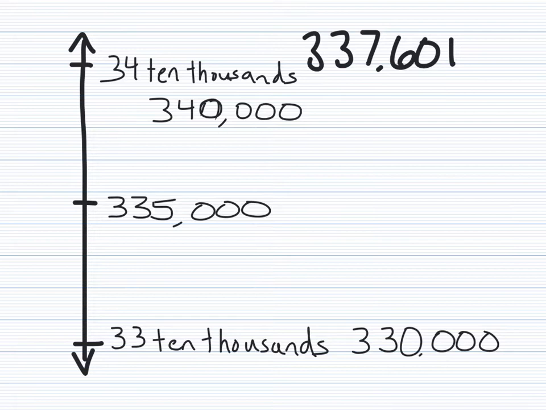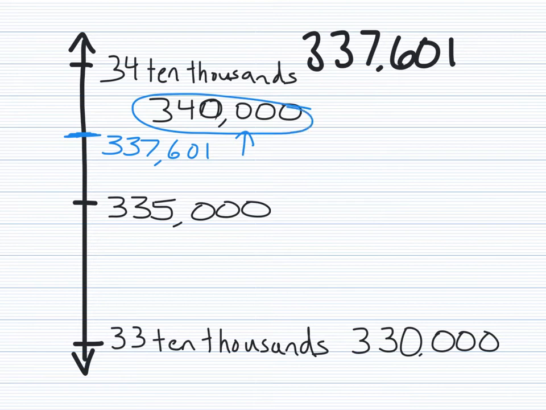Now I can compare this number to my midpoint and ask myself, is it larger or smaller? Well, 337,000 is larger than 335,000. So I would mark this number about here on our place value chart. So in this case, I would round up to 340,000 because it is greater than my midpoint.